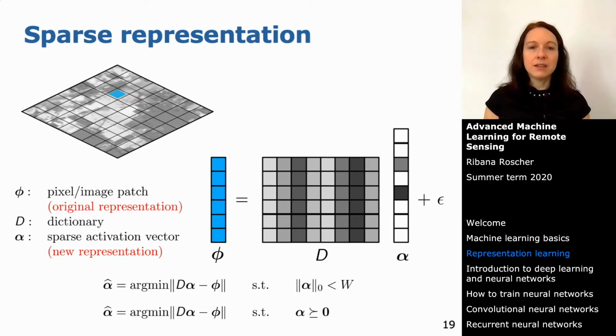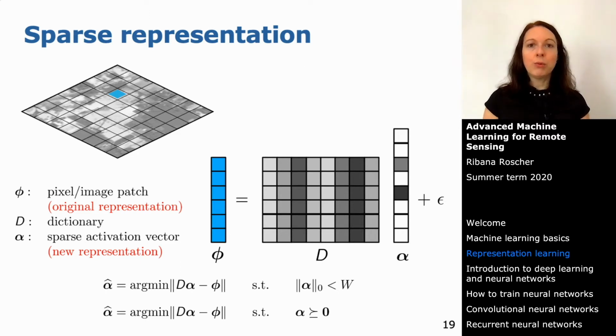And the constraint is that you want alpha to be sparse. You can do it, for example, with a zero norm. That means you restrict the number of non-zero elements by W. And the other possibility could be that you use an L1 norm, for example. This also enforces sparsity, not the L2 norm.